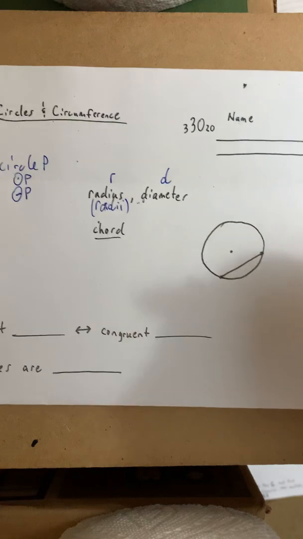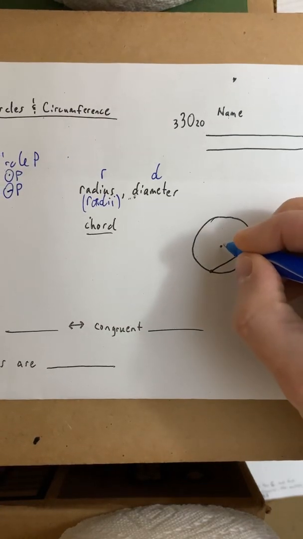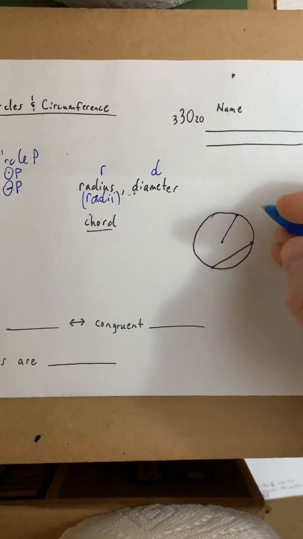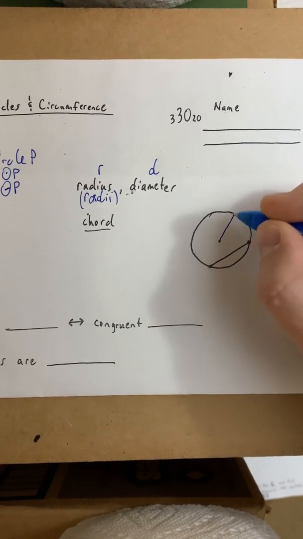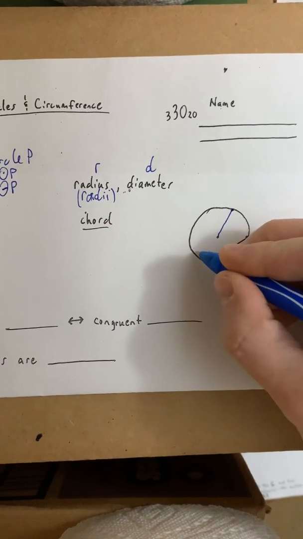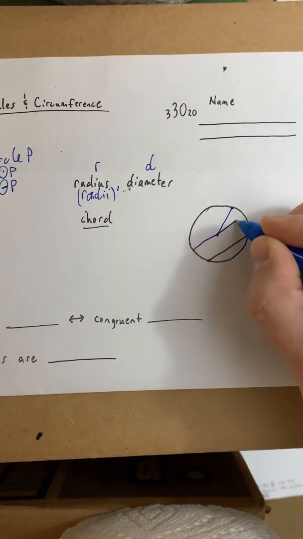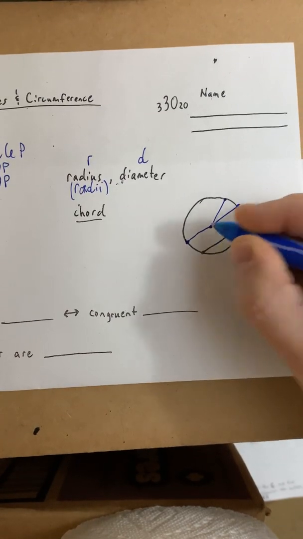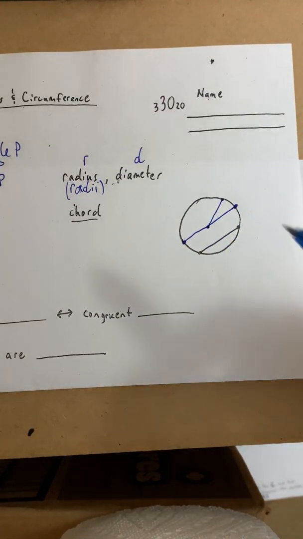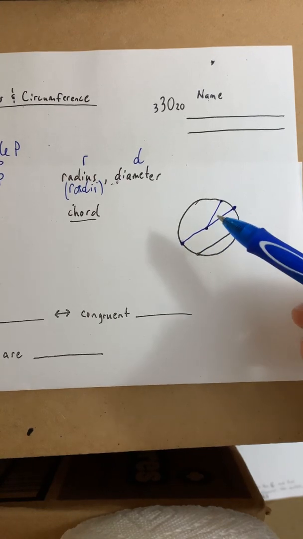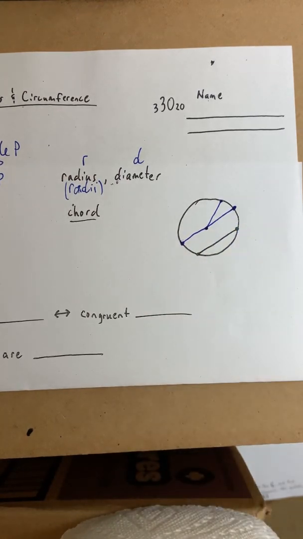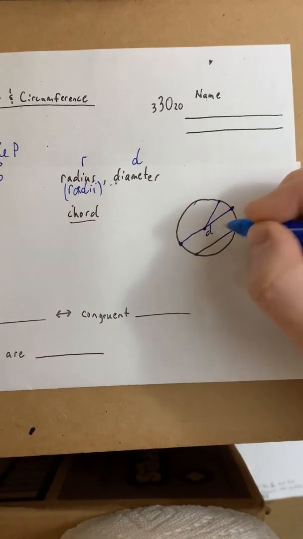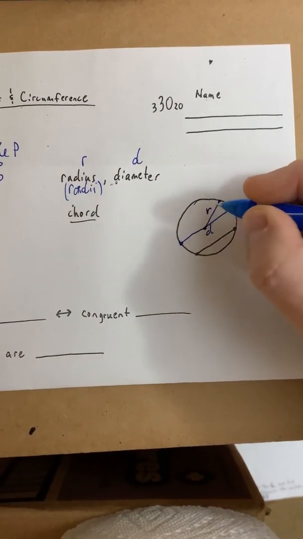So over here, a radius is from the center point to a point on the circle. Most of y'all know that it goes halfway across, whereas the diameter goes the entire way across. And most of y'all know that the diameter is twice the radius, or the radius is half the diameter. So the entire diameter D, the radius here R.